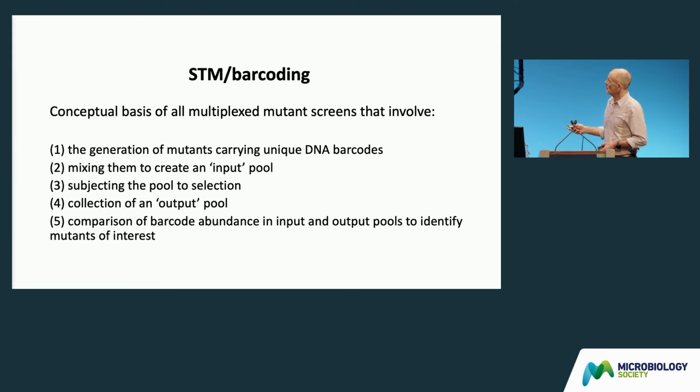So this barcoding technique, as Del mentioned, is basically the conceptual basis for all multiplex mutant screens that involve generating mutants with barcodes. So now you can use synthetic barcodes or guide sequences, mixing them to create an input pool, subjecting that pool to selection, collecting an output pool, and then comparing the barcode abundance in these different pools to identify mutants of interest.